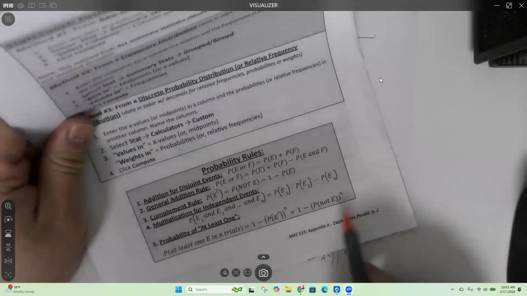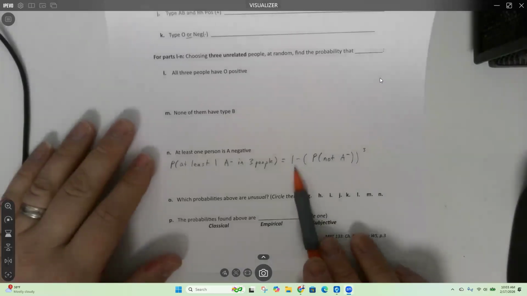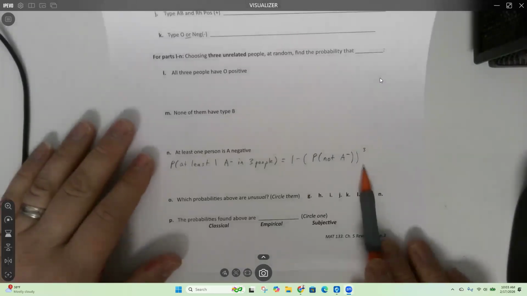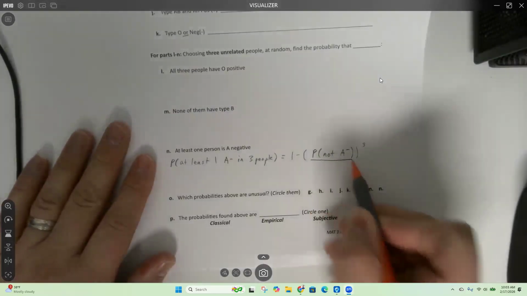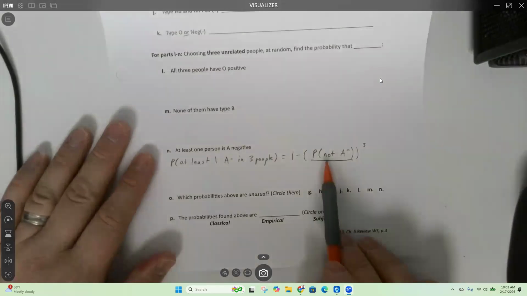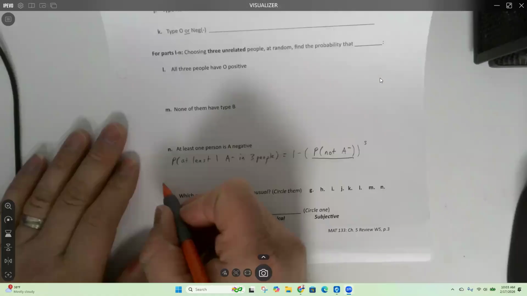So there's two parentheses here. All right, so there's that. That's still confusing, I think. So this right here, probability of not A negative. Well, let's come over here and calculate that.